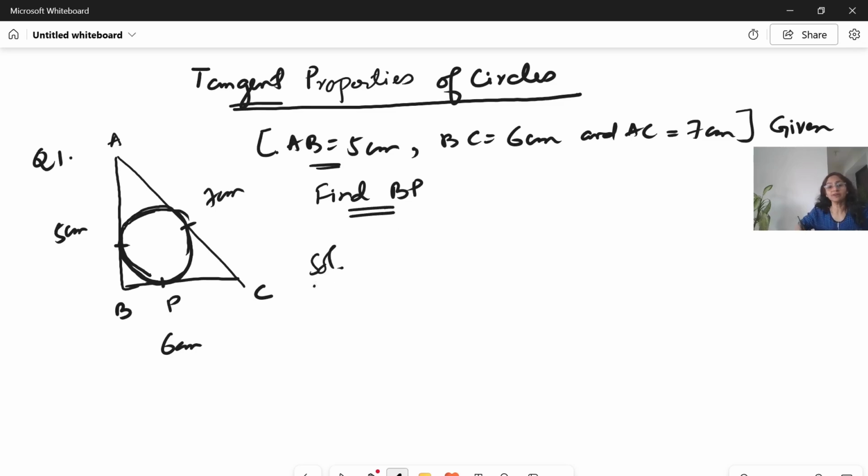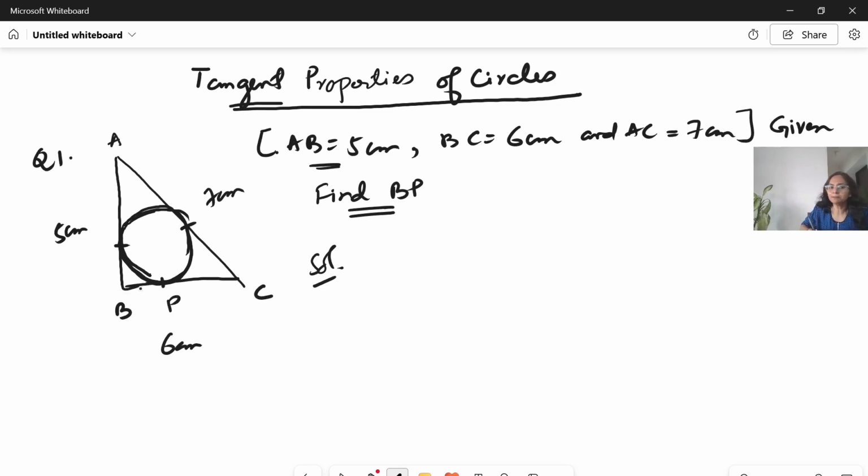So how can we find it? Please understand what we are doing to find BP. We will use the theorem that tangents to a circle from an external point are equal in length. They have given us BC equal to 6 centimeter.